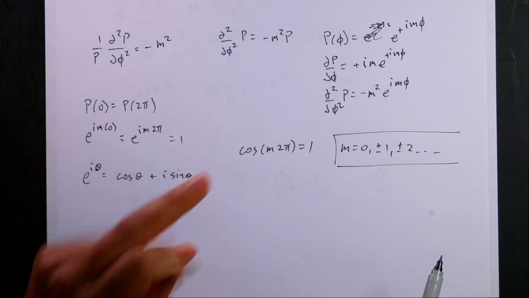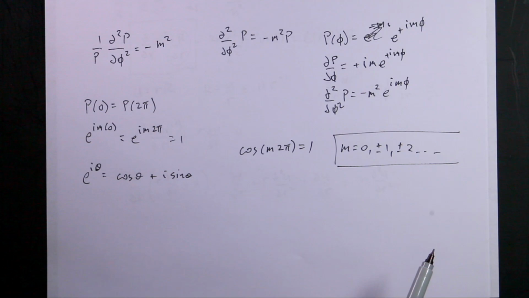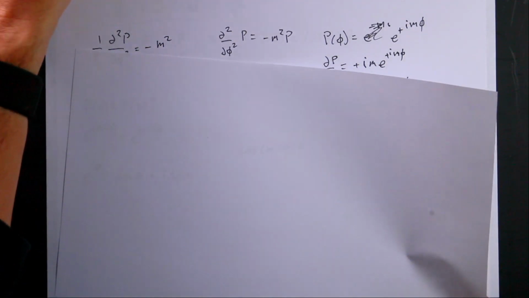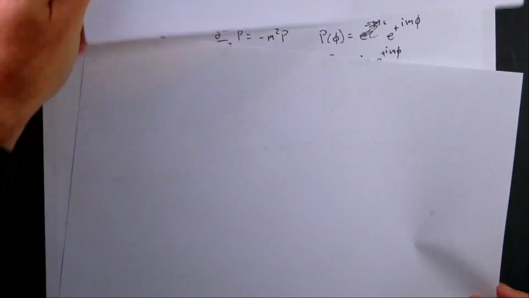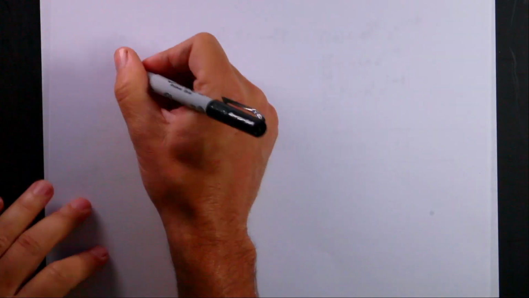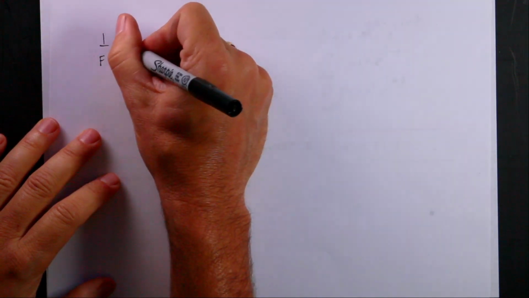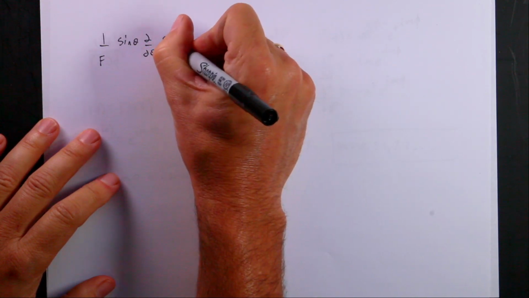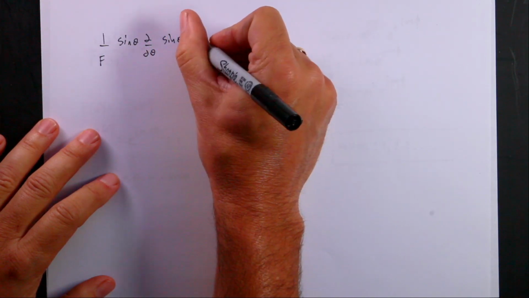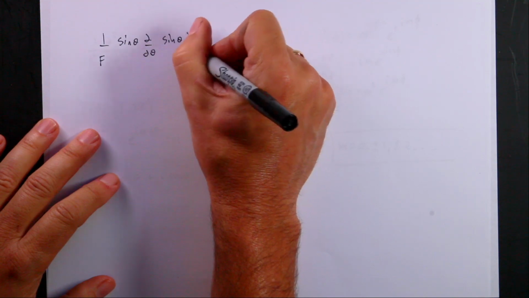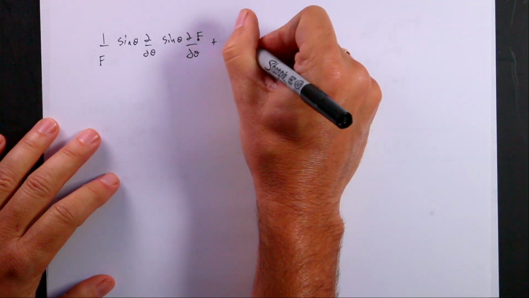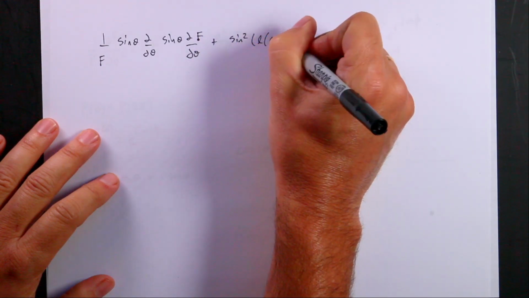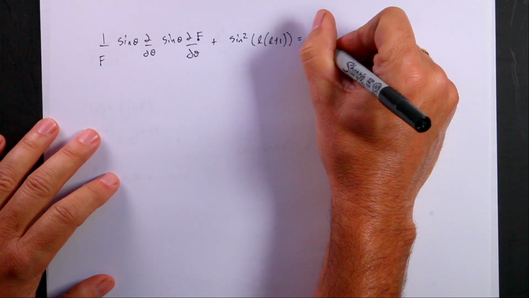Okay, that's 3. We've solved 2 of the equations. One of them we didn't. We have one more, and we're not going to solve it, but I'm going to write it down. Let's go back over here to my f equation. So I get 1 over f sine theta, partial with respect to theta, of sine theta, partial of f with respect to theta, plus sine squared theta times L times L plus 1 equals m squared.